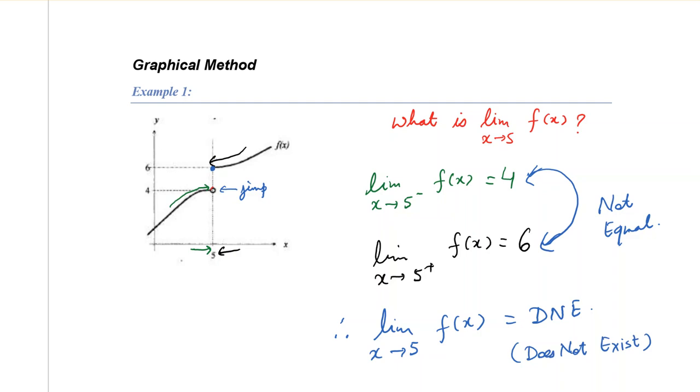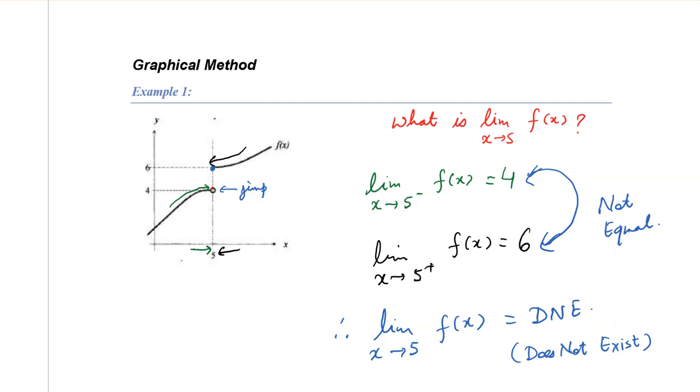Because in the previous video we discussed that for a limit to exist, both one-sided limits should exist and their values should be equal. If the values of the one-sided limits are not equal, then we say that the limit at that point does not exist.